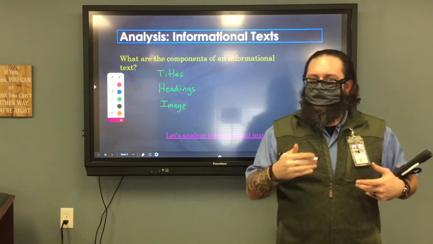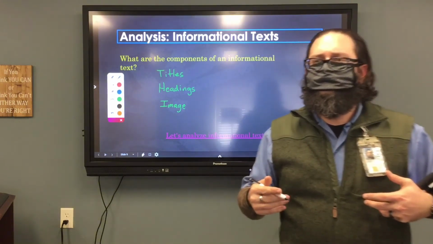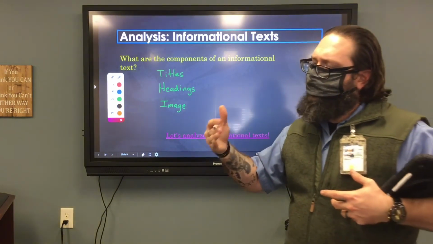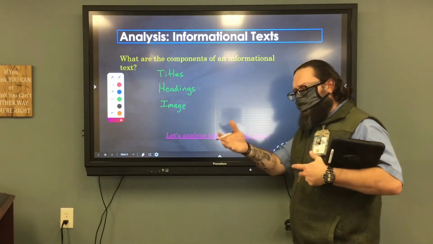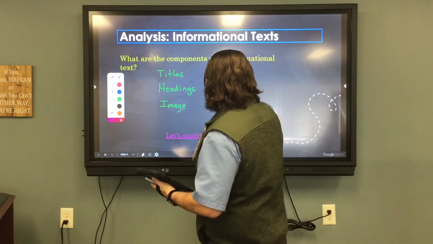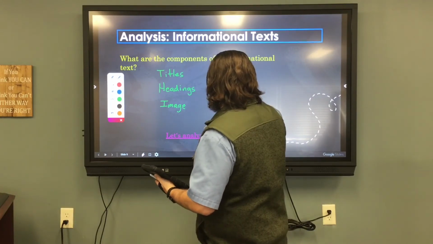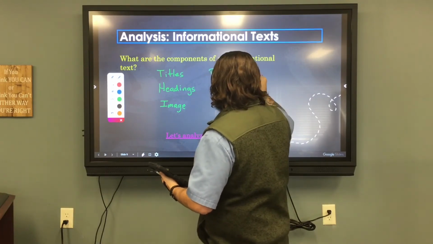The headings are kind of how the topics are broken down into smaller areas. Yes, subtitles. Paragraph structure is another example. How are the paragraphs laid out?